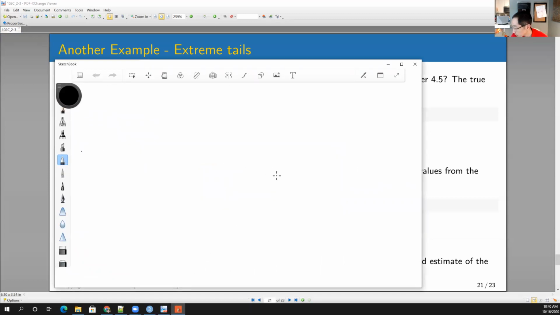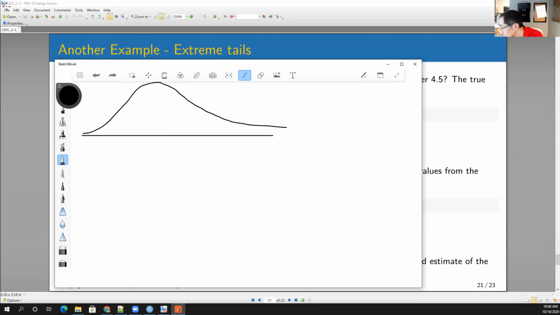Oh, that's terrible. This is a terrible normal distribution picture. My goodness, I'm struggling drawing.